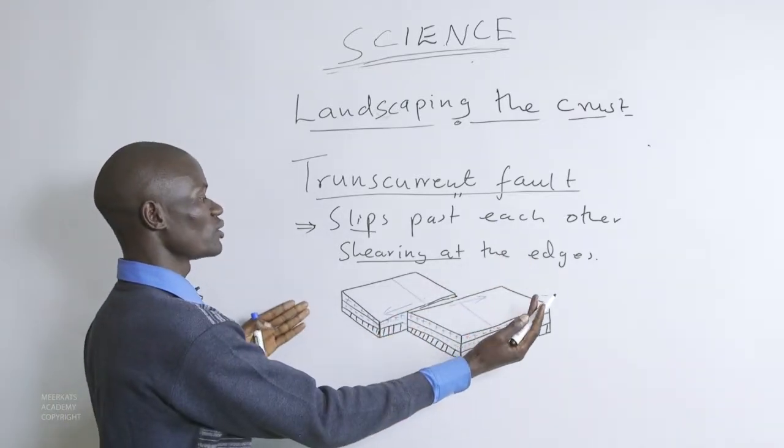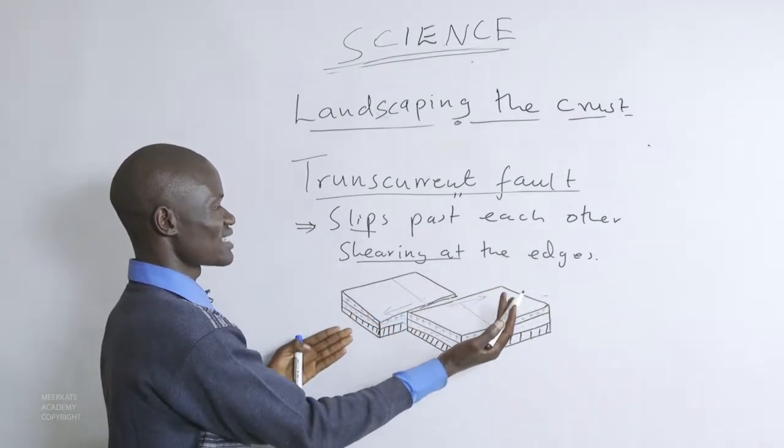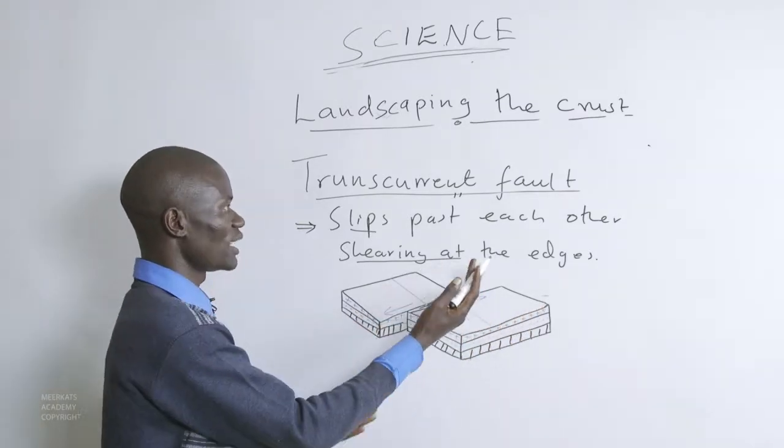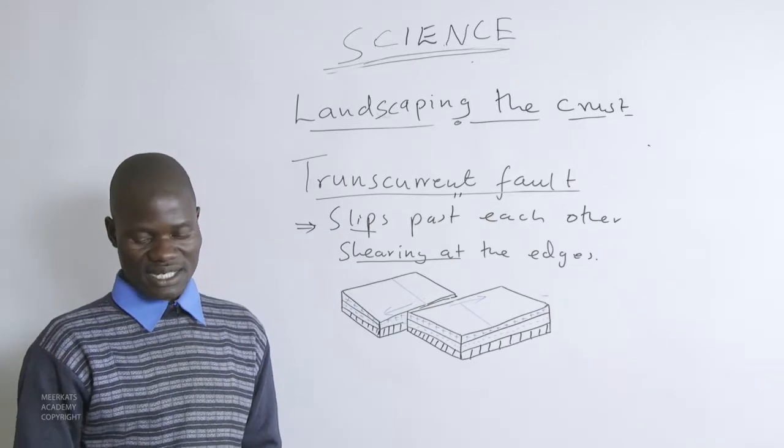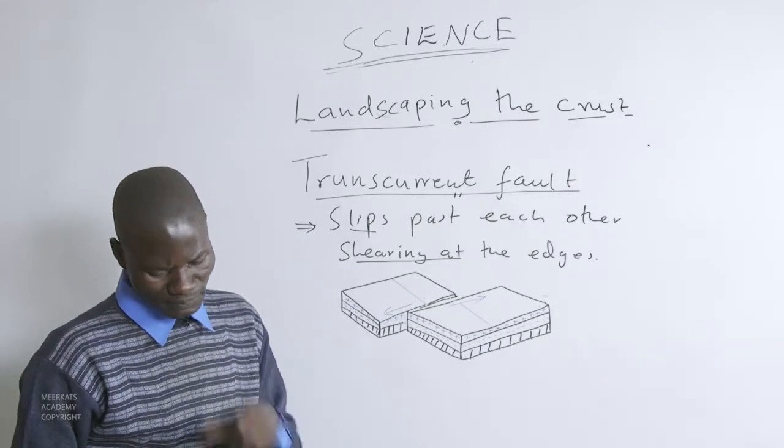When these two blocks of land slide past each other in this manner, they produce what we refer to as the transcurrent fault.